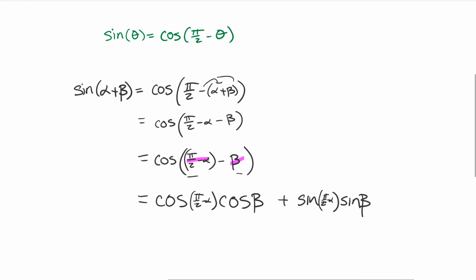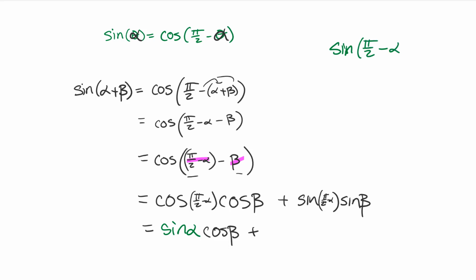But cosine of, oh, do I need to change that to an alpha? That's just equal to, down here, cosine of pi over 2 minus alpha, that's equal to sine of alpha. That's the complementary angle theorem. It's cosine of beta. And then again here, sine of pi over 2 minus an angle is just equal to cosine of that angle.